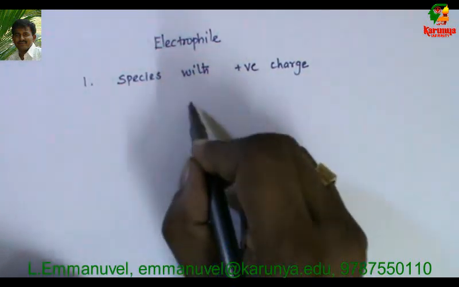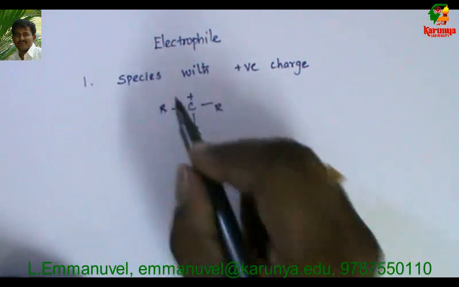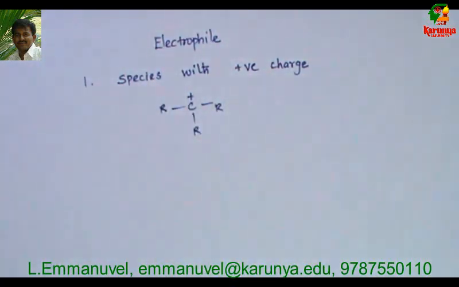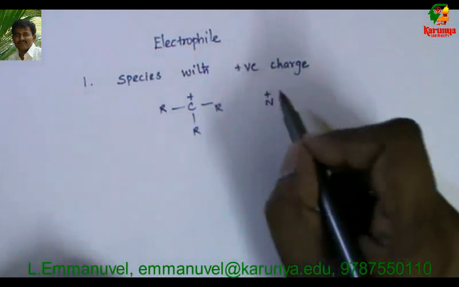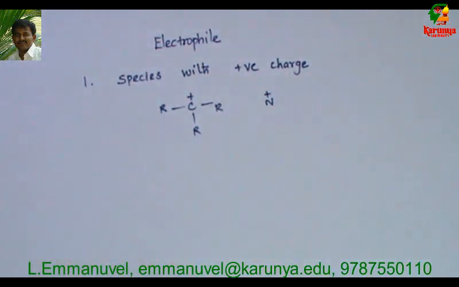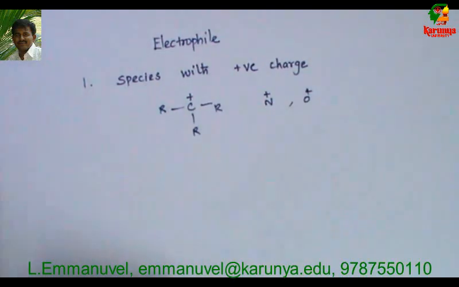Here you go for carbocation, just the opposite of carbanion. This is carbocation. What about N plus? If there is N plus, what about that? Generally N plus and O plus will not act as electrophiles.